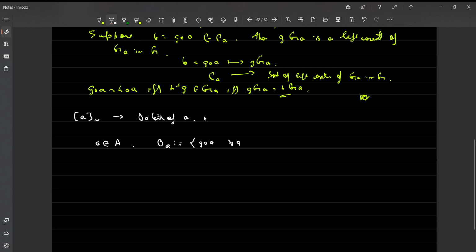So if you choose an element small a in capital A, then the orbit of A, let us define as OA, is the set of elements of the form g of A for all g in G. Or we don't even require this for all g in G, so that g is in G. This will do. Right?